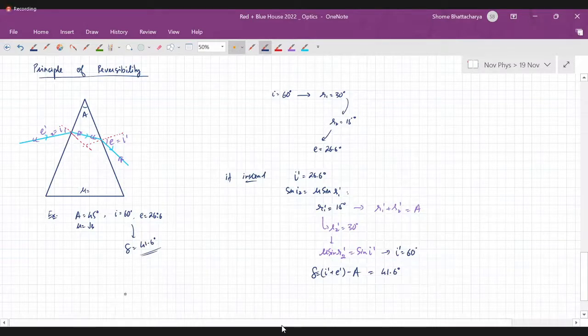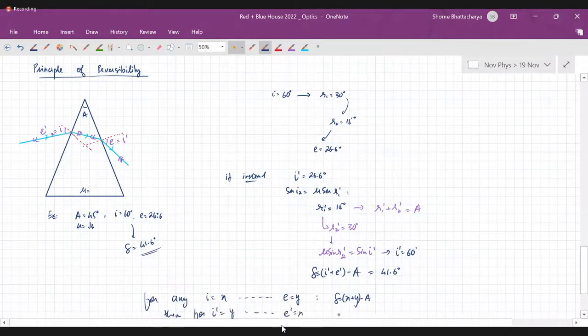So basically for any angle of incidence, let's say x, if solving everything gives us an angle of emergence equal to y, and therefore the net deviation comes out to be x plus y minus A, then for an angle of incidence equal to y, solving everything will give us the angle of emergence equal to x.